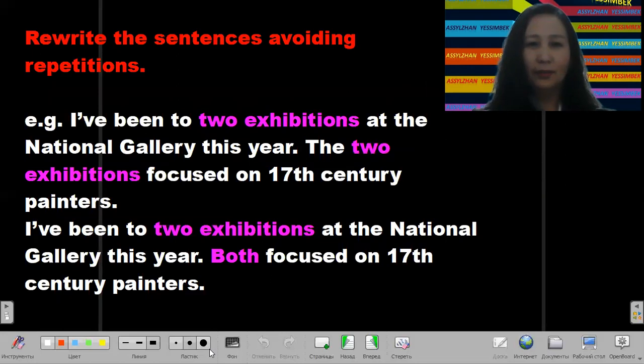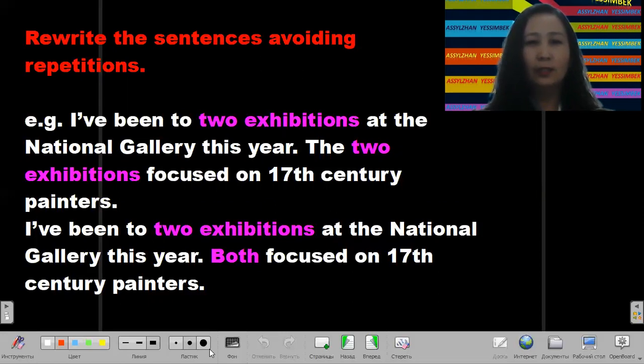Now, the task for you. Rewrite the sentences avoiding repetition. Have a look at the first sentences. This is an example for you. I've been to two exhibitions at the National Gallery this year. The two exhibitions focus on 17th century painters.